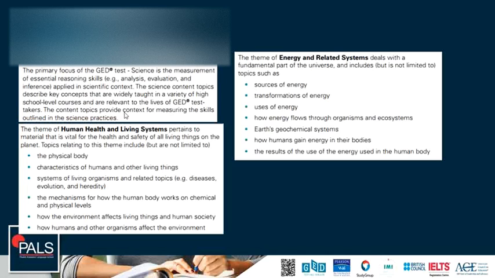So again, here the content areas for human health and living systems pertains to material that is vital for the health and safety of all living things on the planet.